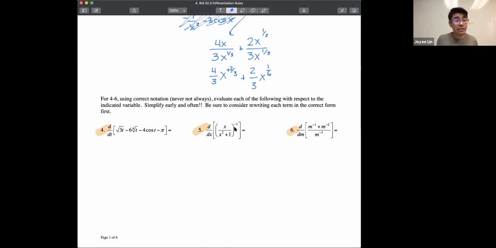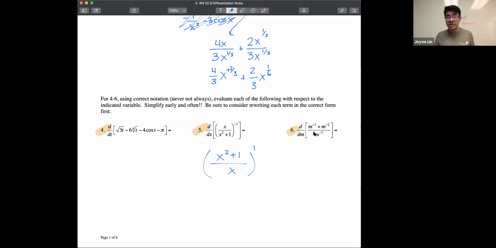Number 5, remember that when you have something to the -1 power, it just means take the reciprocal of it. So this one is just x squared over x to the 1 power. Now you can just go ahead and take the derivative of that. Otherwise, you'd have to do the chain rule and then the quotient rule as part of the chain rule. No, too much.